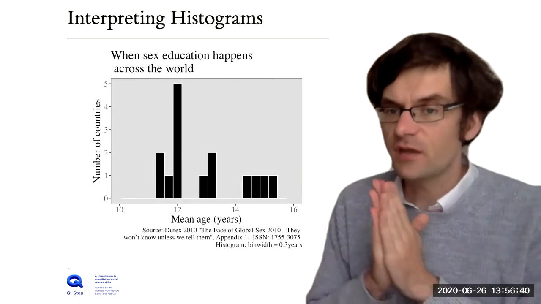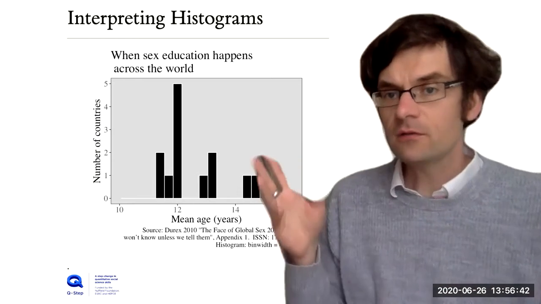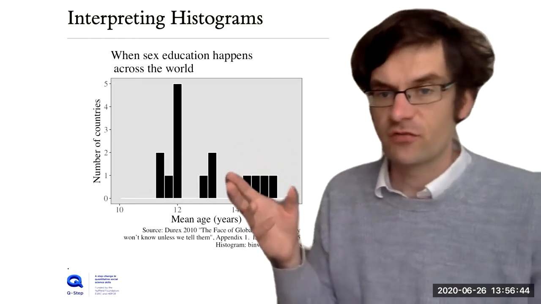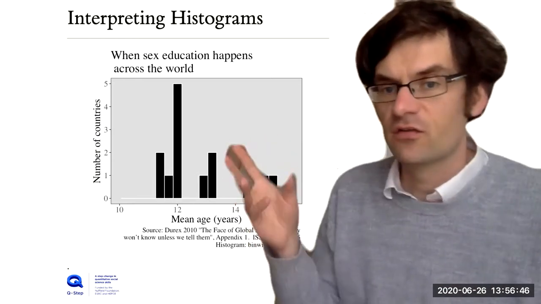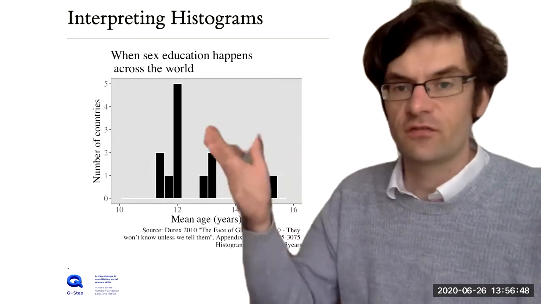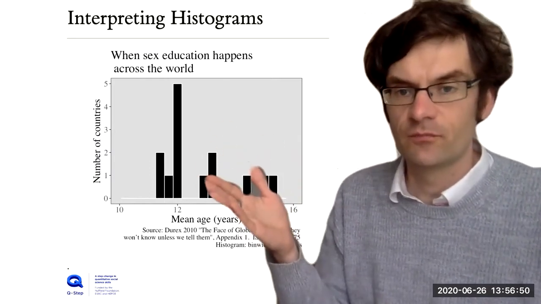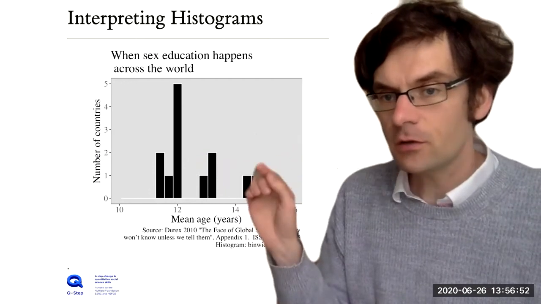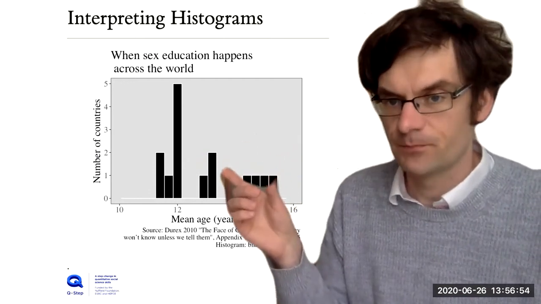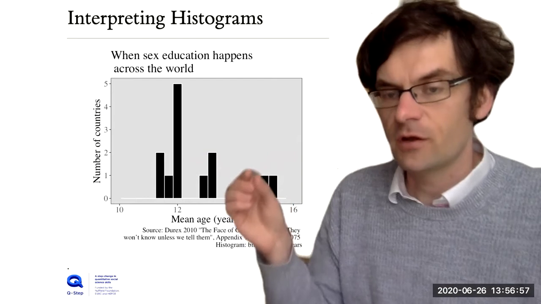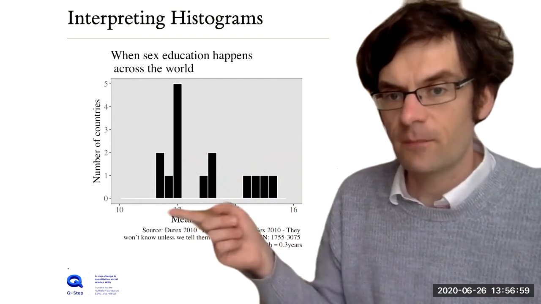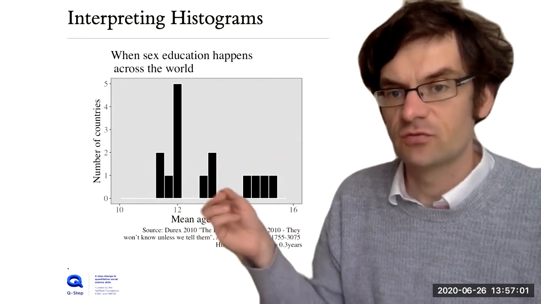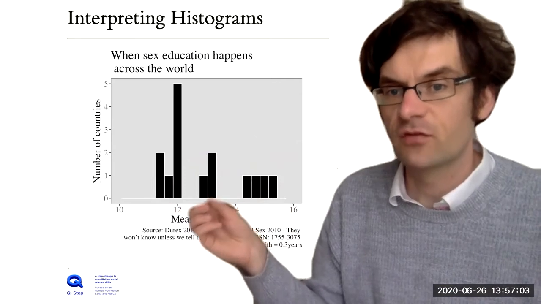So what you see here is the count of the number of countries within which someone received sex education at age 12, or actually, if you look very closely, in an age range. If you look at age 12, you see that the bar isn't just around 12, but it goes a bit to the side.